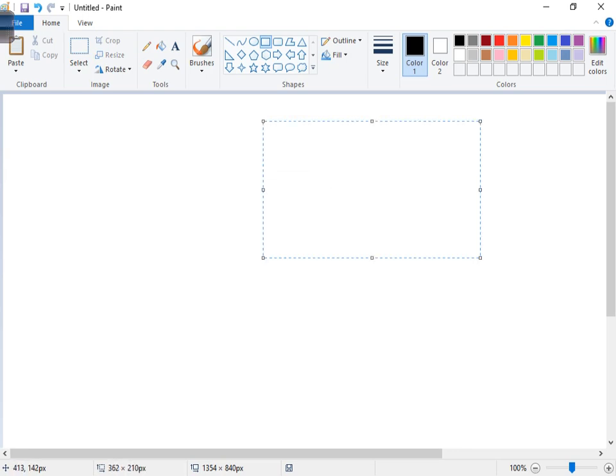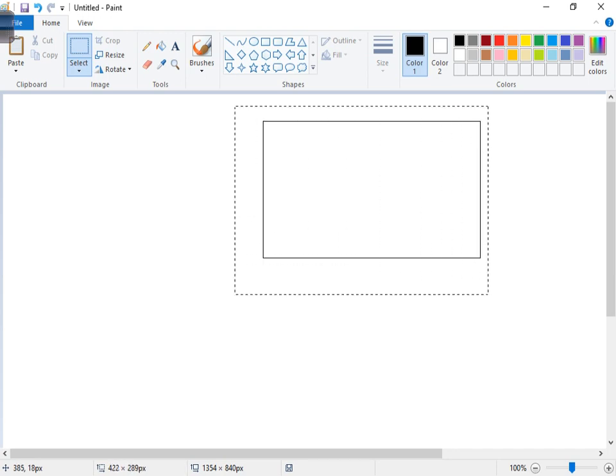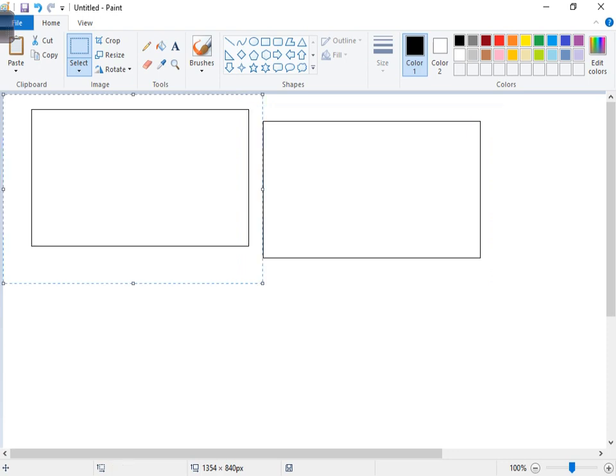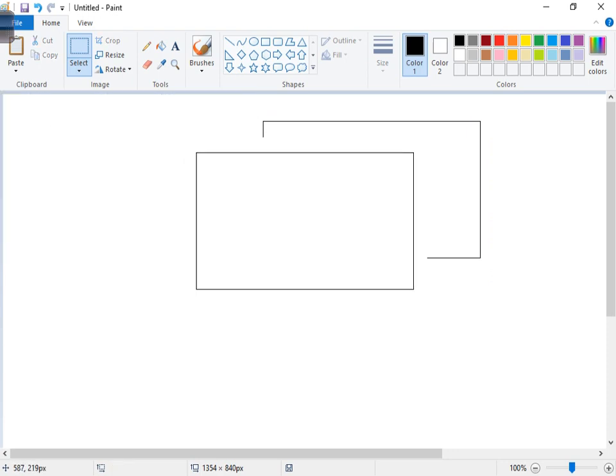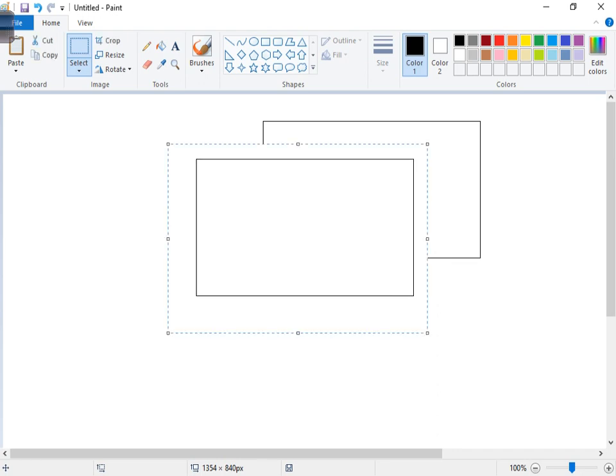We get another rectangle, and we put it like this way, and we can generate a cuboid.